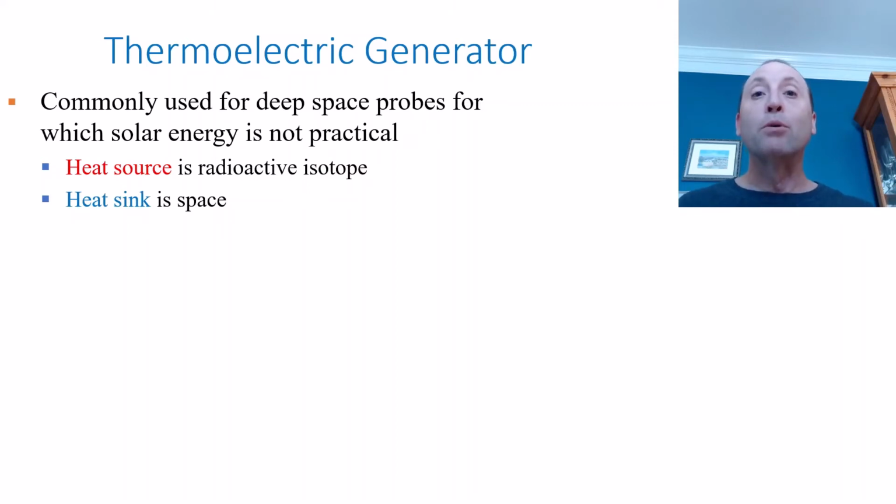But a thermoelectric generator is, and so the way these are designed is they use some radioactive isotope that goes through radioactive decay, and produces heat as the heat source, and then the heat sink, the low temperature side, is just space, so the temperature can radiate into space, and that is the heat sink.